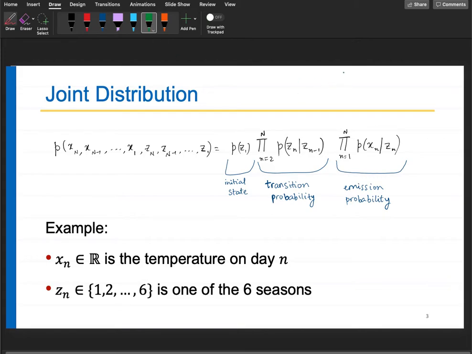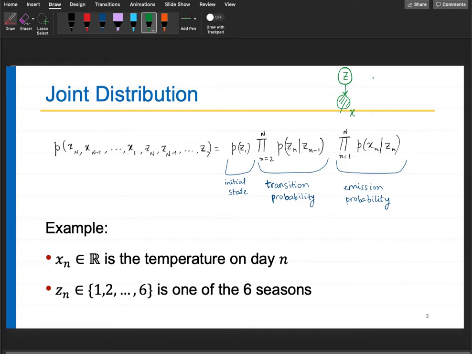So you have a state denoted by Z which gives rise to something called X, and this X is observed. But Z is not observed. Z is a hidden state. We gave an example of temperature versus season.